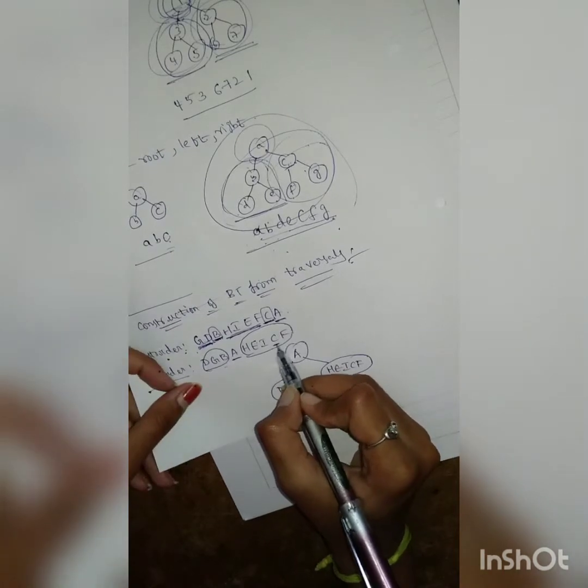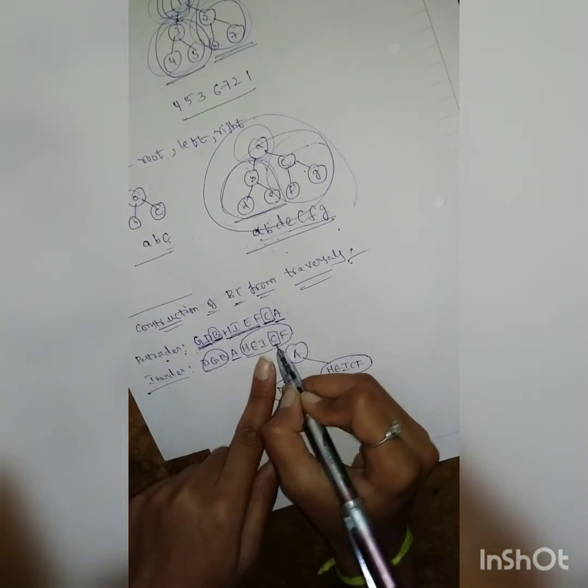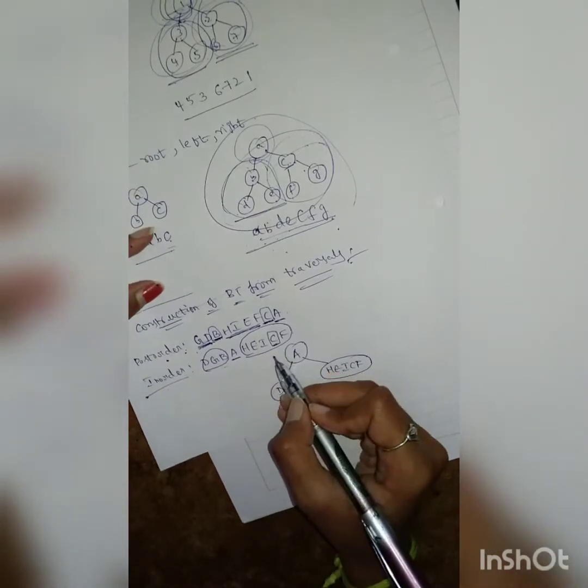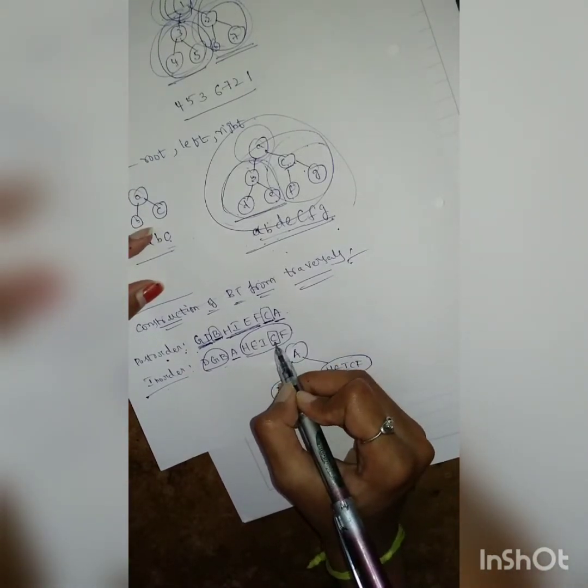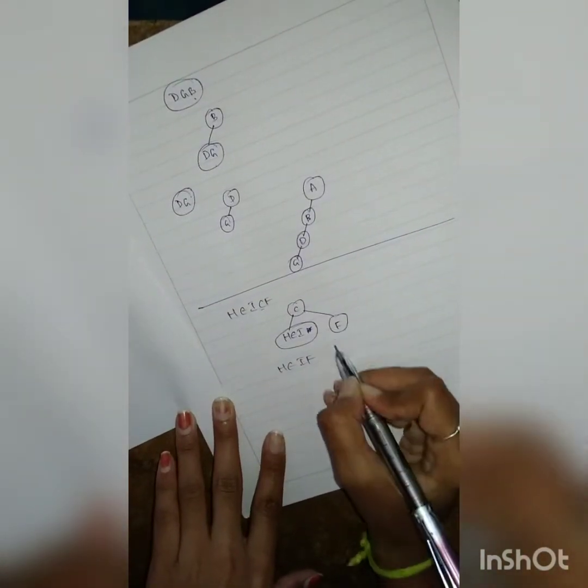We need to check in the in-order that it is C. To the left H, E, I is there, to the right F is there. So F we will take.